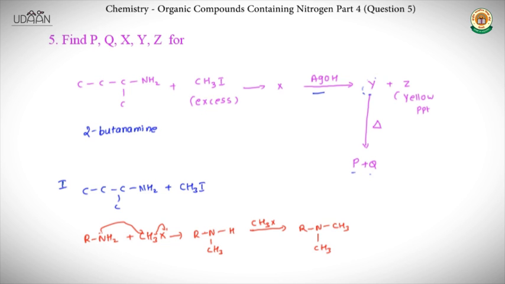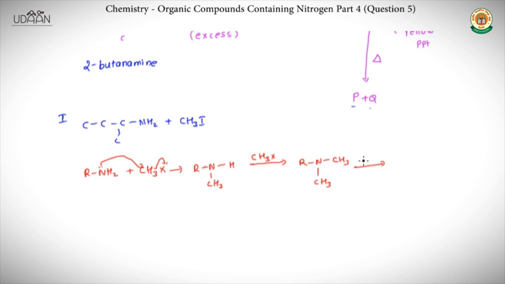Now if you treat it with one more CH3X, you are going to get a quaternary ammonium salt, where you have CH3, CH3, CH3, positive charge on nitrogen, and X minus.